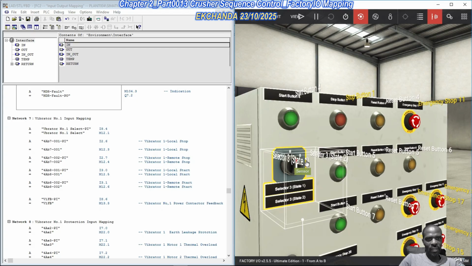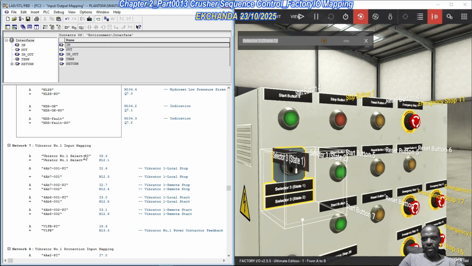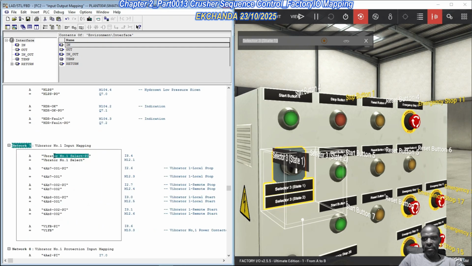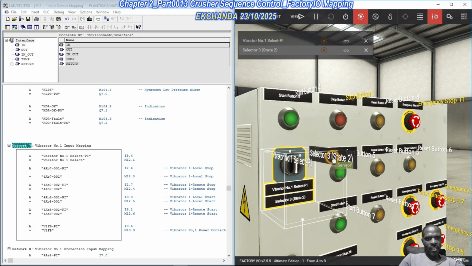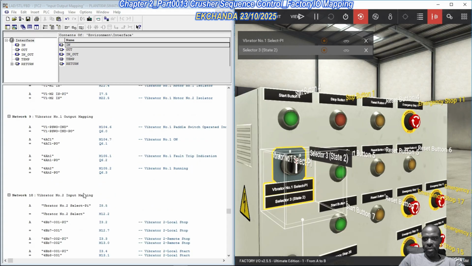So state 1 will say vibrator 1 select. Okay, Control V, okay, Control V, and then state 2 is vibrator 2 select.